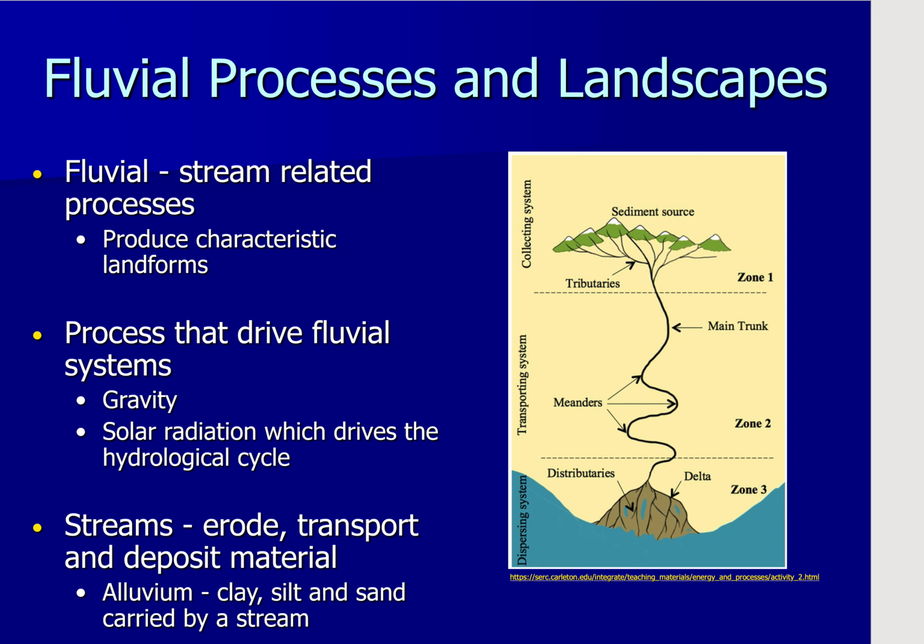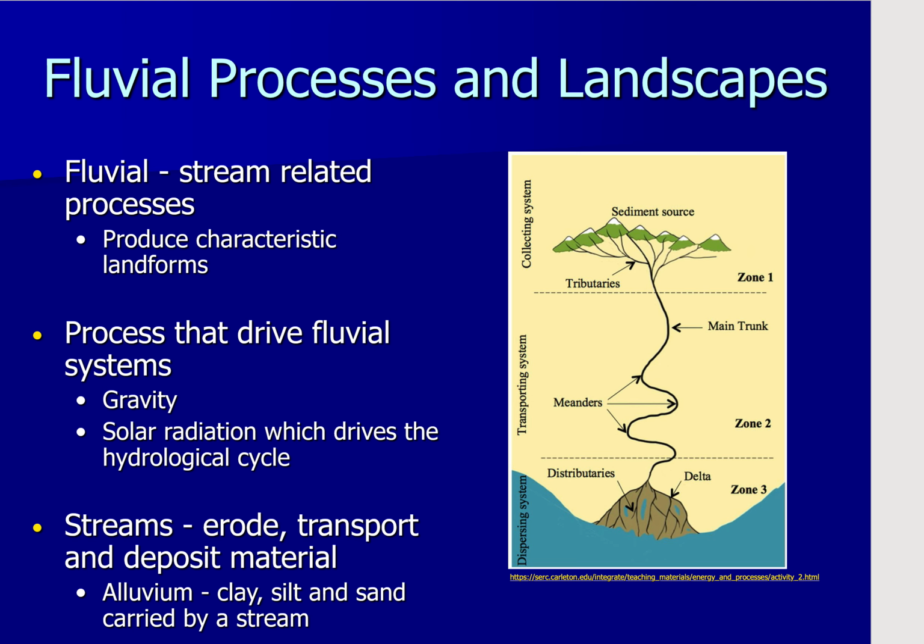So we've got three zones, and looking at the slide here, you can see the three zones. The first is an area that's mostly removal, but there are conditions of deposition in zone 1, but removal or erosion is greater than the deposition in this first zone.